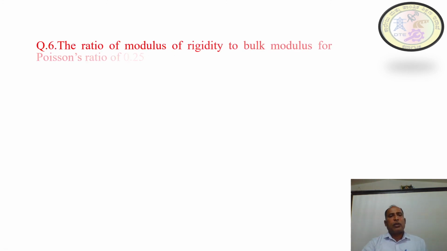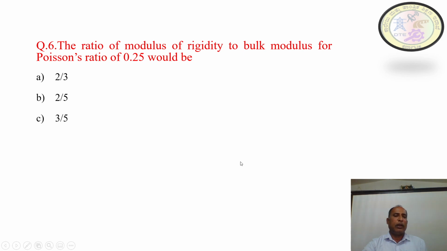Next question: the ratio of modulus of rigidity to bulk modulus for Poisson's ratio of 0.25 would be 2 by 3, 2 by 5, 3 by 5 and 1. As the Poisson's ratio is 0.25, the value of m will be 4, and here the ratio of C by K is asked.